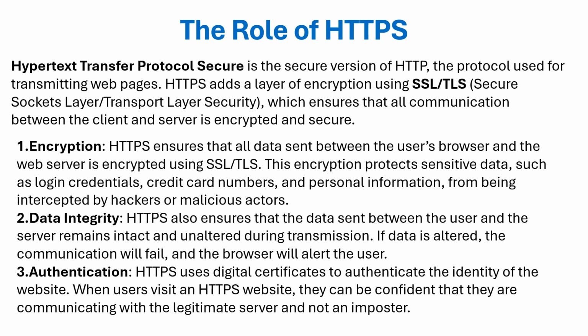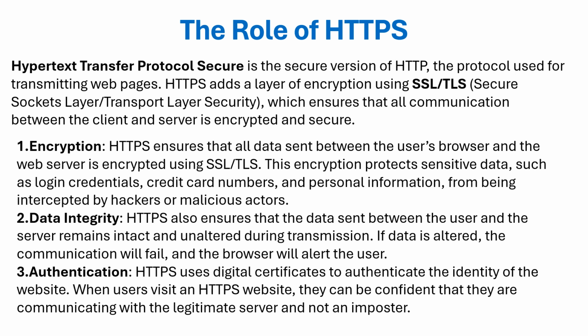The role of Hypertext Transfer Protocol Secure is very important. It is used for transmitting websites and adds a layer of encryption using SSL and TLS, Secure Socket Layer or Transport Layer Security, which ensures that all communication between the client and the server is encrypted and secure.